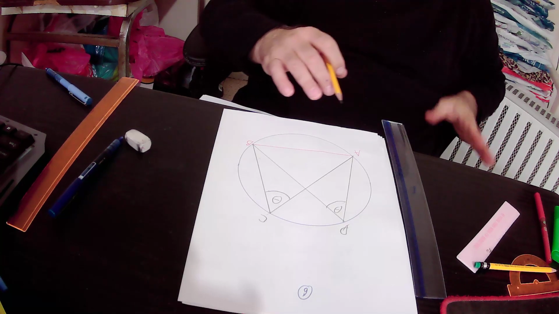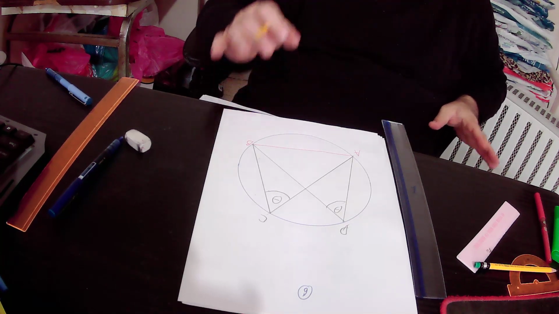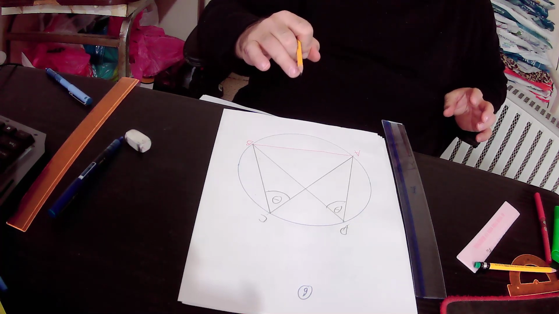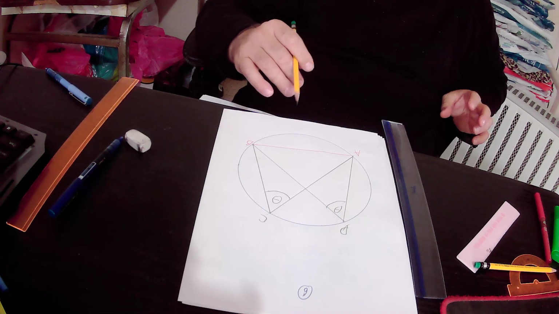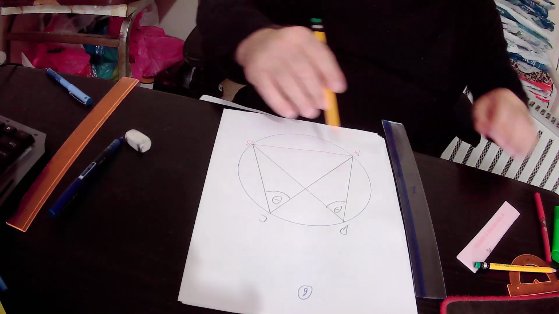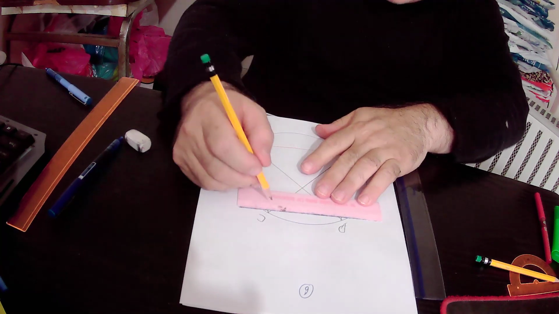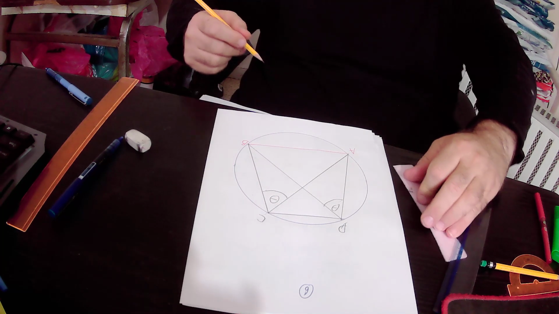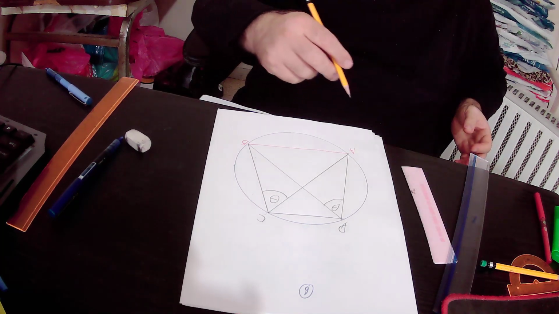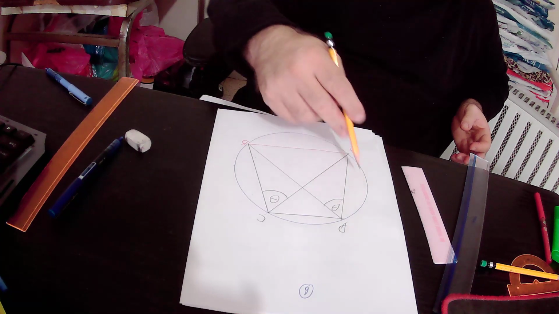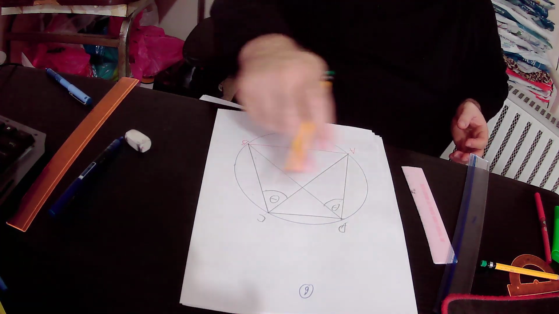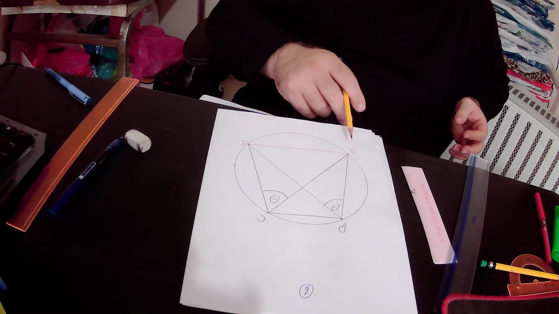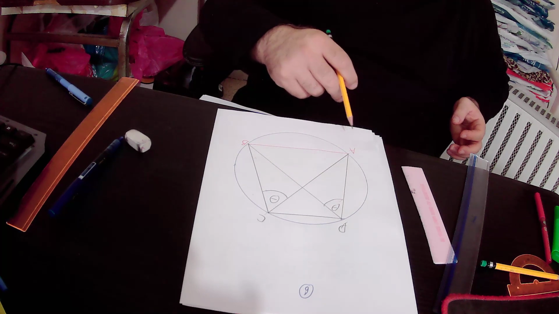So if this is the reality, then according to rule number 2, the quadrilateral ABCD is inscribed by this blue circle. Again, quadrilateral ABCD is inscribed by this blue circle, and the 4 points A, B, C, and D lie on this blue circle.